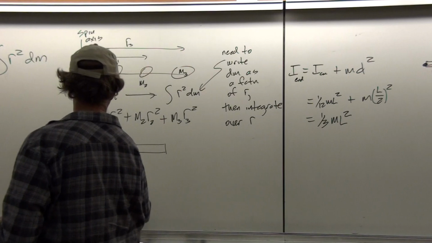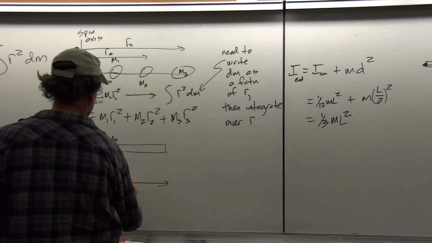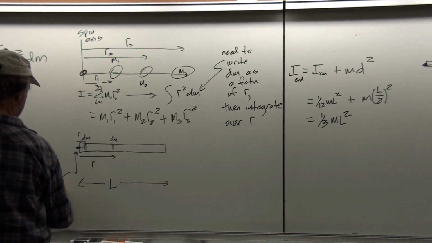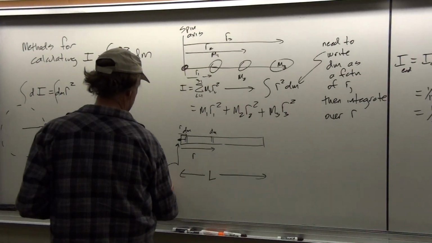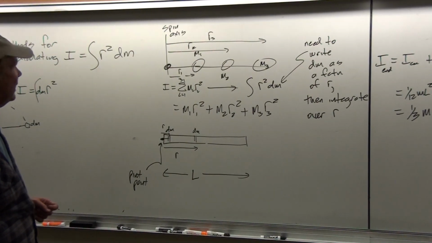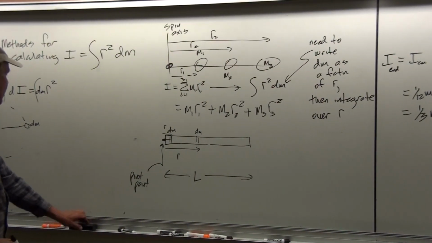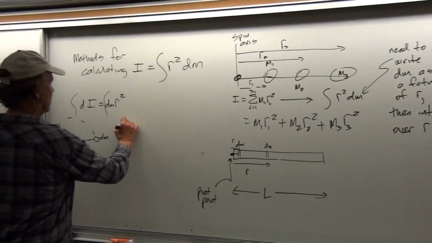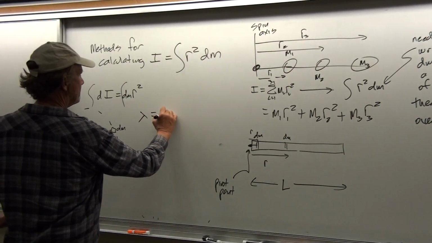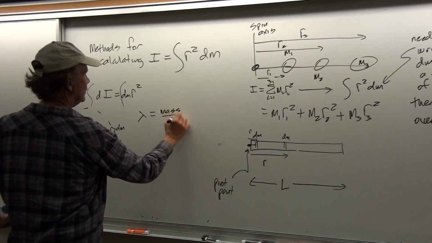Okay, so how are we going to do this? Let's say the total length of this thing is L, and this is our pivot point. First of all, we can introduce a quantity that we'll call our linear mass density, lambda, which is mass per unit length.